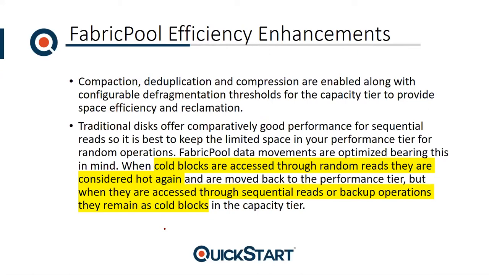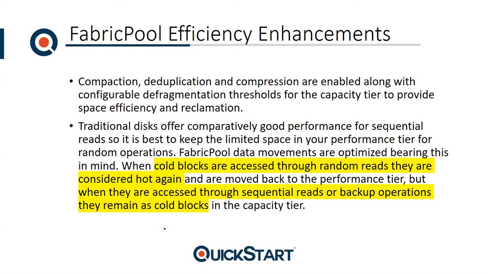As far as efficiency is concerned, we do get to take advantage of the fact that any of those data blocks that we have compacted, deduped, compressed, they're being copied over in their compacted, deduped, and compressed state over to the capacity tier. So we will still take advantage of any of the storage savings that we got from that.